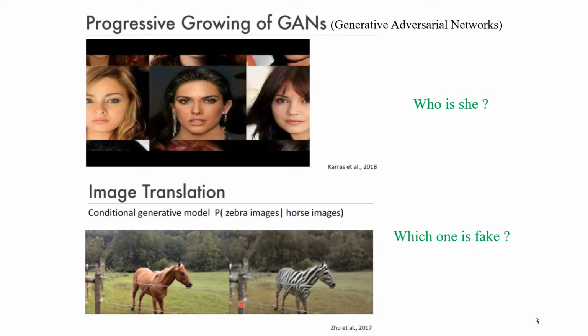Then this is the result. These days the result is so accurate, so clear, it's very difficult to tell which one is real and which one is fake. So this is another example of generative learning, in this case using GAN.